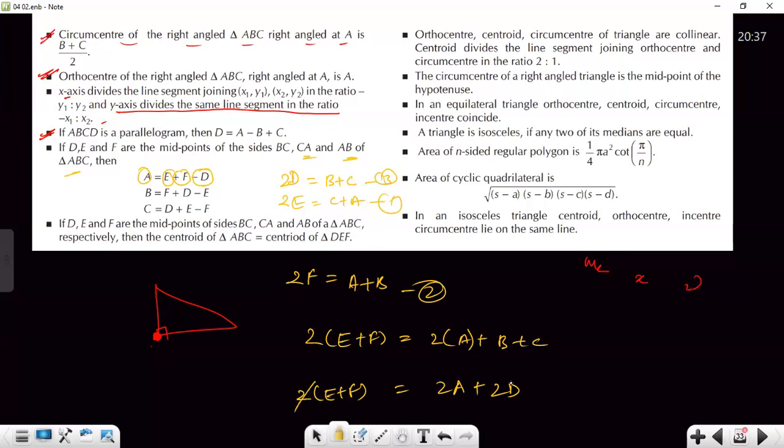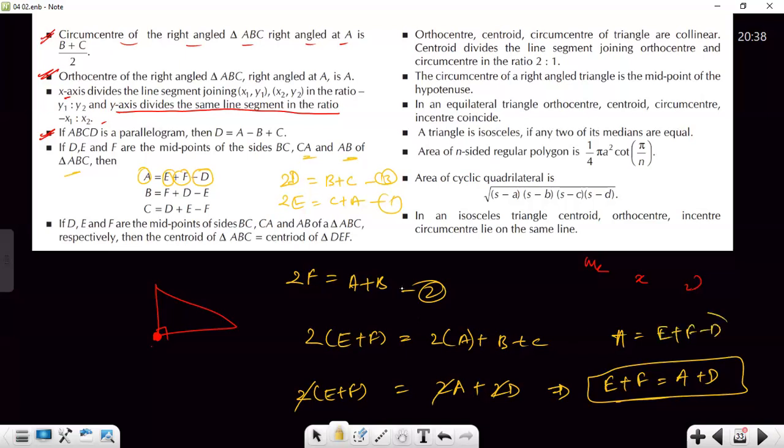Cancelling 2, this gives us E plus F is equal to A plus D. Which can be written further as A is equal to E plus F minus D. This is what they are trying to say in the first one. That's how this comes out. And B point can be given as F plus D minus E.